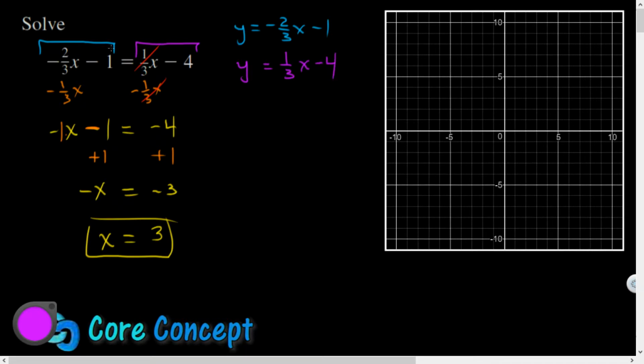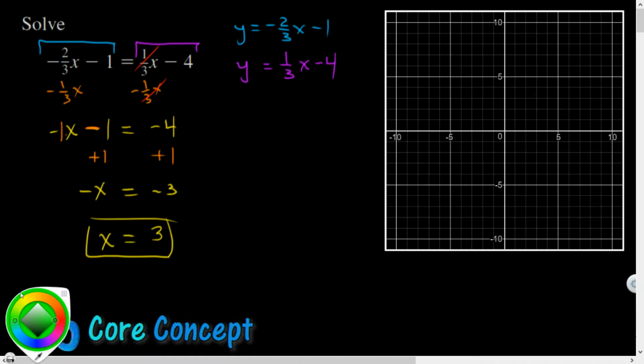I'm kind of like unsubstitutioning here, right? I have these two things equal, and then I say, what if I just say each of them is equal to a completely new variable, y? And now let's graph these, okay?